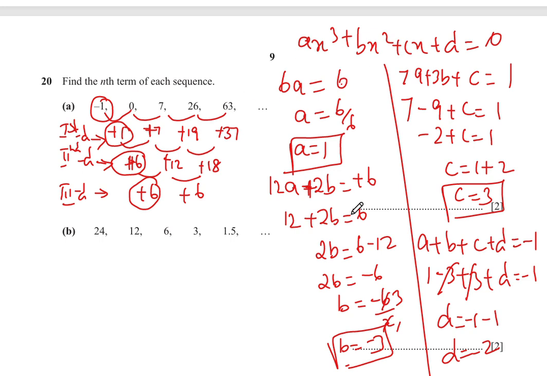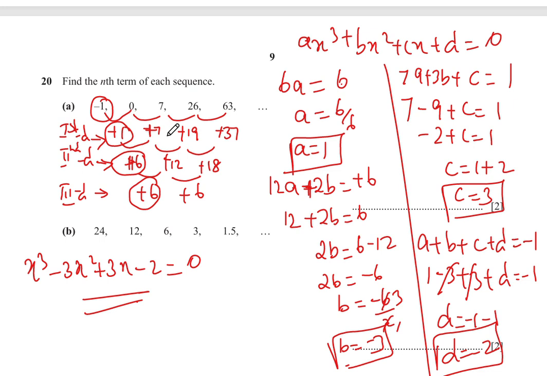So all the a, b, c, d values we have got. Just substitute them in the original equation. It will become x cube minus 3x square plus 3x minus 2, which is equals to 0.